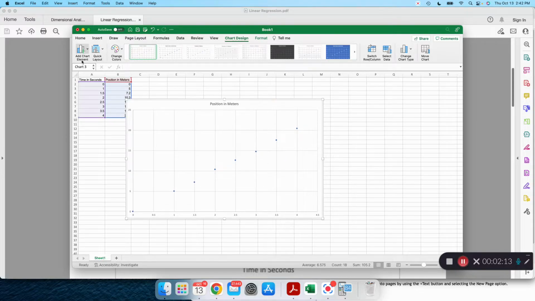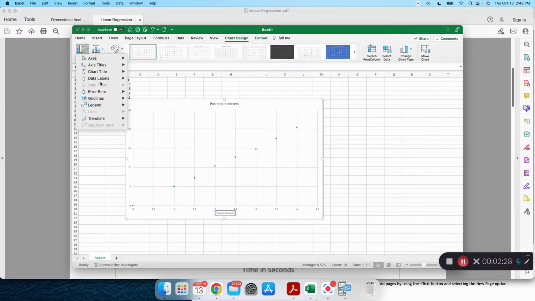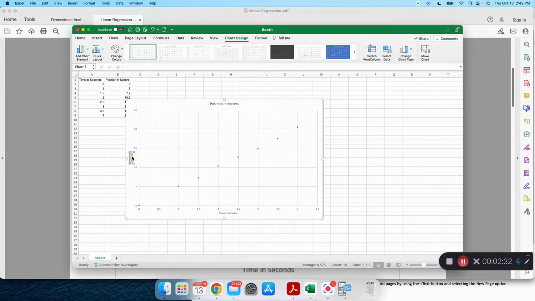I can now go in and add elements onto that. I can add on my titles. So on our horizontal axis, we had time in seconds. On my vertical axis, I had position in meters.